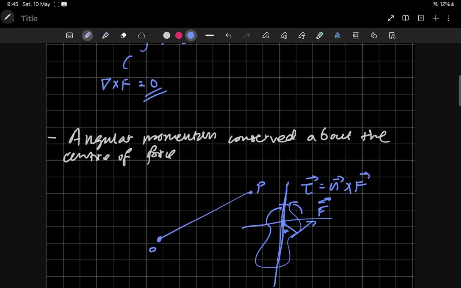So technically in central forces, your torque is going to be 0, because if this is R, R is radially outward. Your force is also outward, so there's only a radial component.